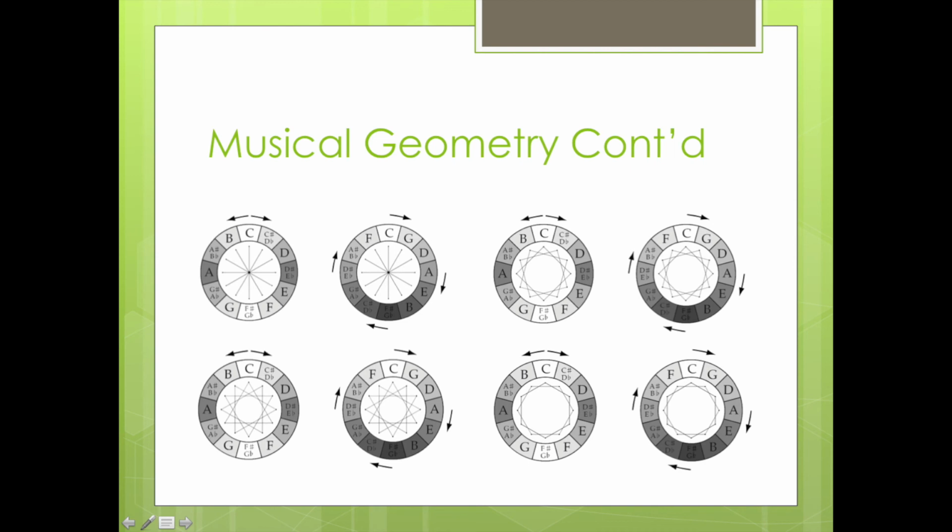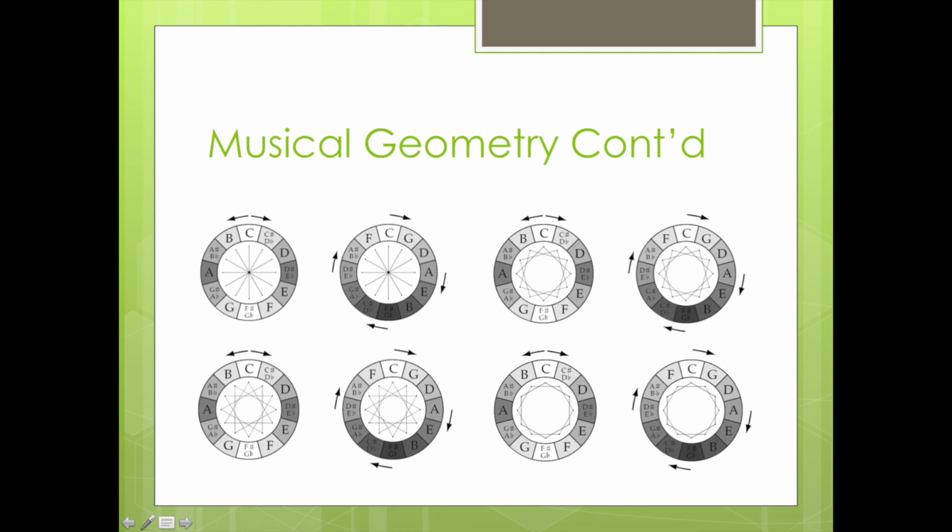In the bottom left corner, we have trigons that are created, and the clockwise connected tones are a major third apart from one another. In the top right corner, we have squares, and the clockwise connected tones are a minor third apart from one another, and the counterclockwise connected tones are a major sixth apart.